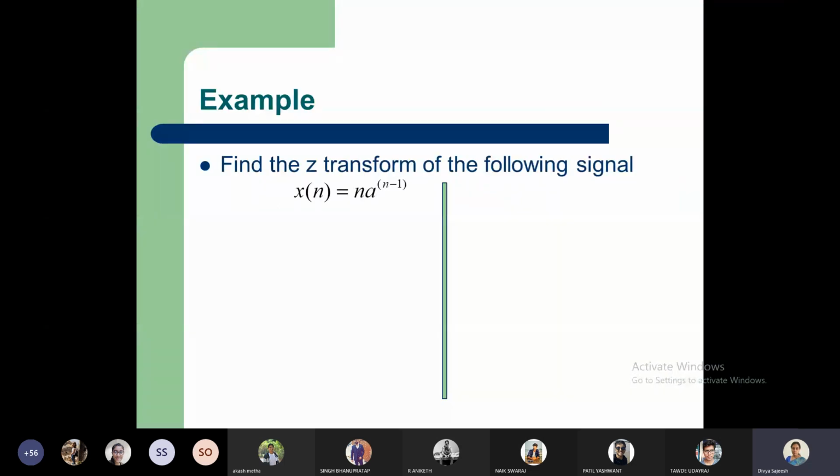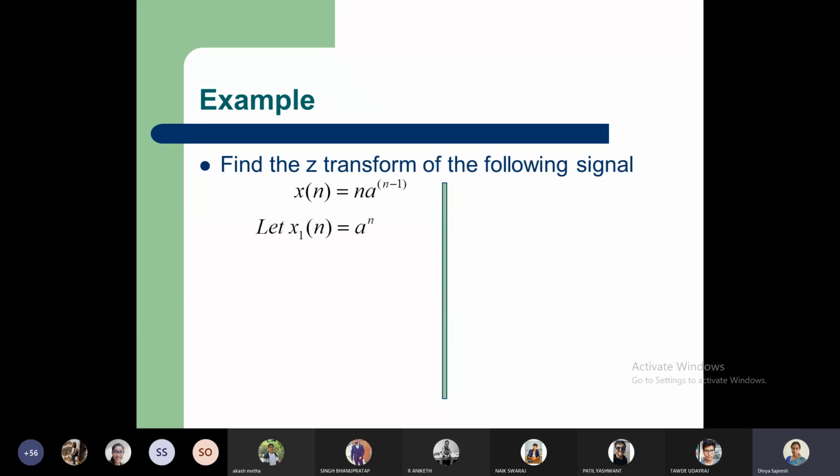Find the Z transform of the signal x of n equal to n into a raised to n minus 1. Here two parts are there. That is, the signal is a raised to n minus 1 into n.